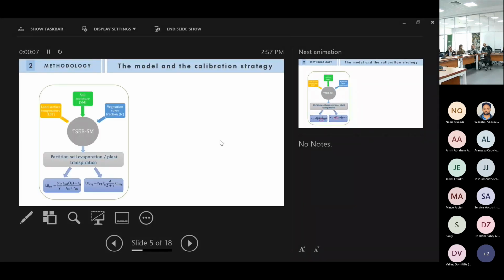Can you see the screen now? No, still we're seeing the presenter's view. Yes, actually, we can see the screen now.